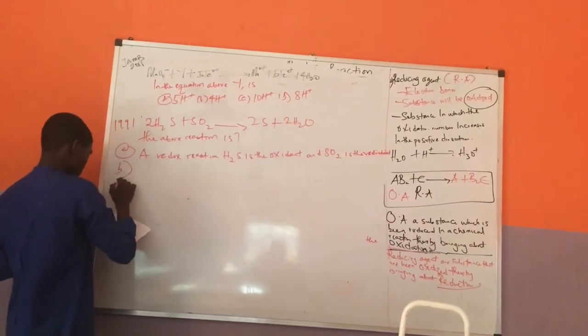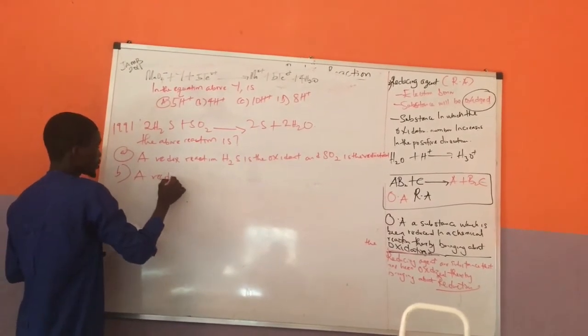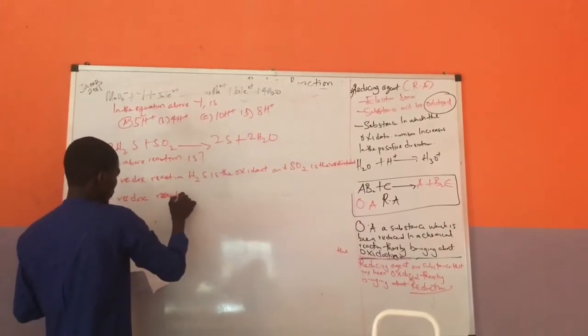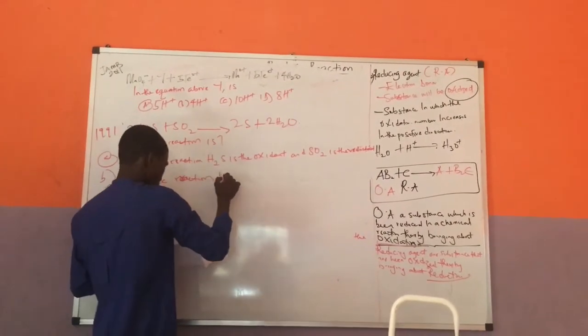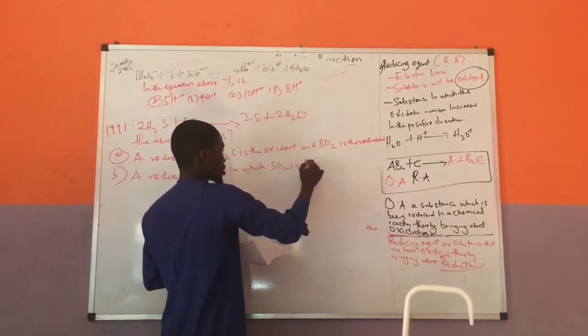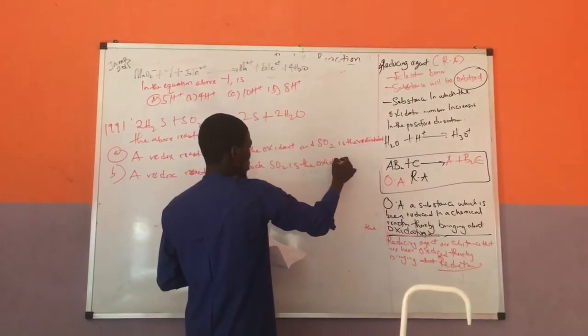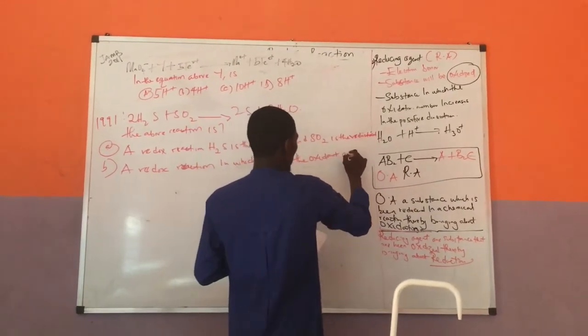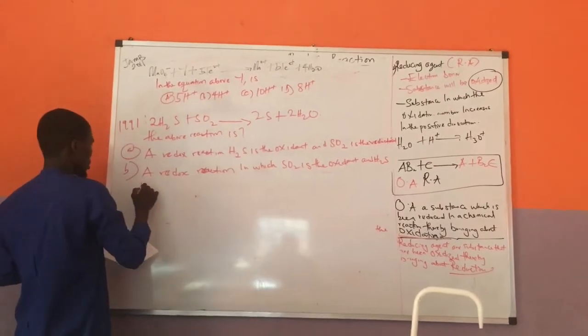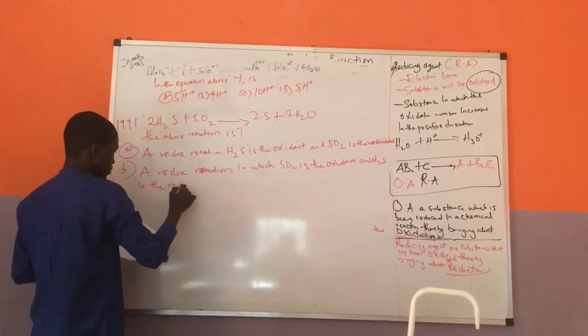B, a redox reaction in which SO2 is the oxidant and this is the reductant.